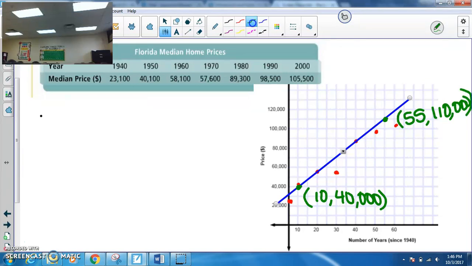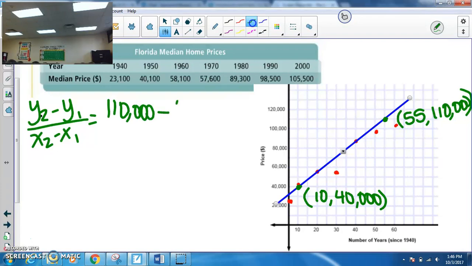I'm then going to use my slope formula, which is y2 minus y1 over x2 minus x1, which is equal to 110,000 minus 40,000 over 55 minus 10.